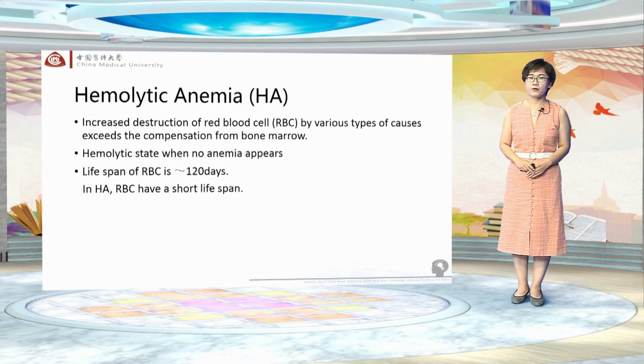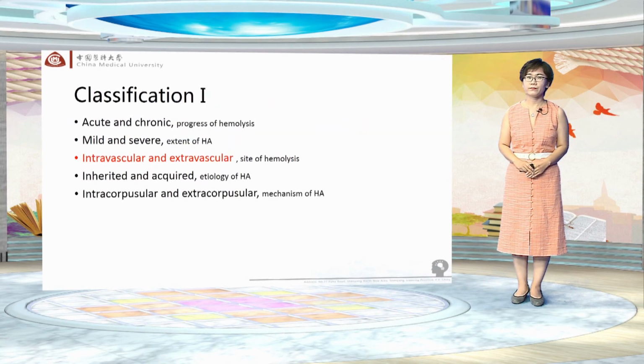If there is increased destruction, but the bone marrow can compensate, no anemia appears. It is called hemolytic state. The lifespan of red blood cells is about 120 days in healthy people. And in hemolytic anemia, red blood cells have a short lifespan.